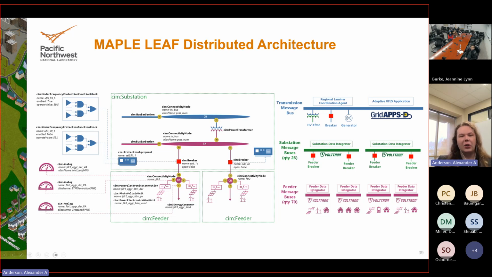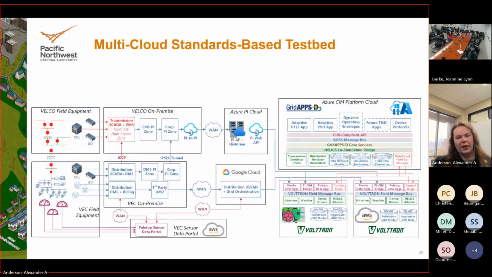And if you want to go down and start doing distribution co-simulation, you then have a feeder message bus for each distribution feeder. Tie that all together, populate it with the utility data security protections, avoiding the NERC-CIP boundary, and now you have a robust modeling environment into which you can build these advanced applications.